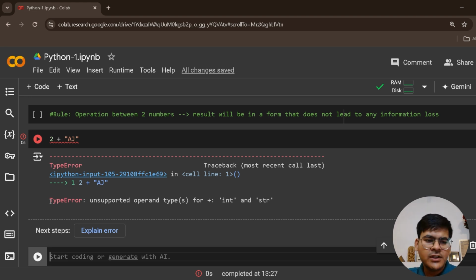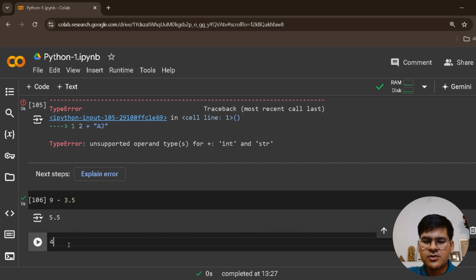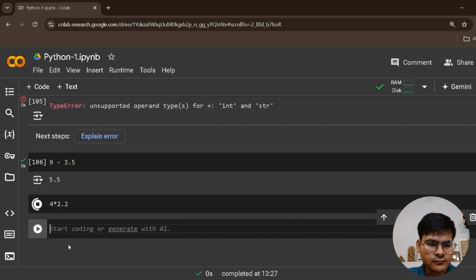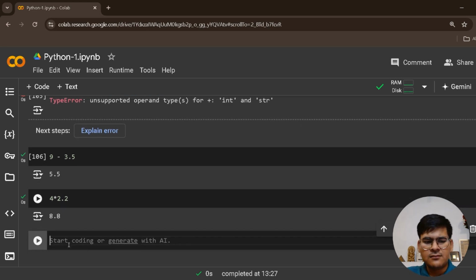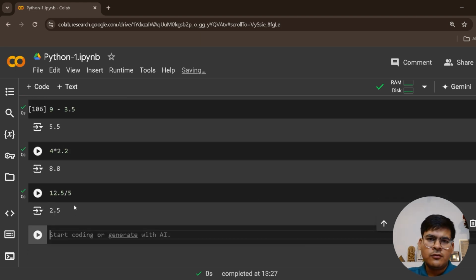Similarly, just to give you examples, if you do 9 minus 3.5, even subtraction of an integer and a float will give you a float. Even multiplication, 4 into 2.2, will give you 8.8. And by default, as you know, 12.5 divided by, let's say, 5, is also a floating point.